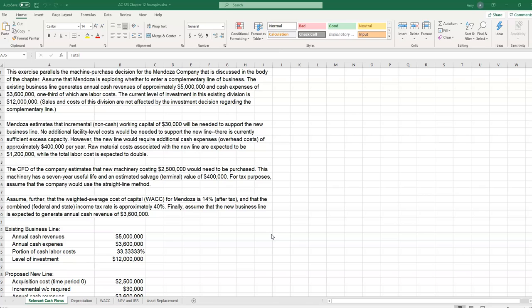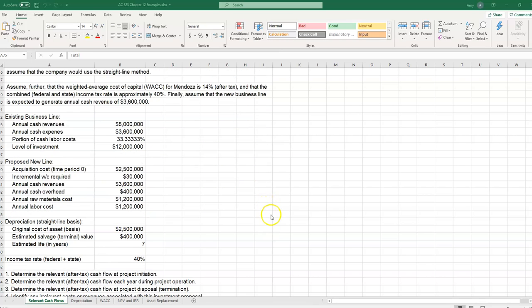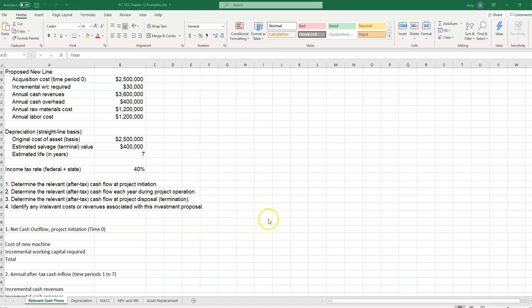So we have a whole bunch of information, and we need to look at the various parts of information, what is relevant and what isn't. So first we're going to look at time zero. Time zero is right when we put the project into placement. So this starts with the acquisition cost of the machine and any expenses involved with putting the machine in, and our working capital requirements.